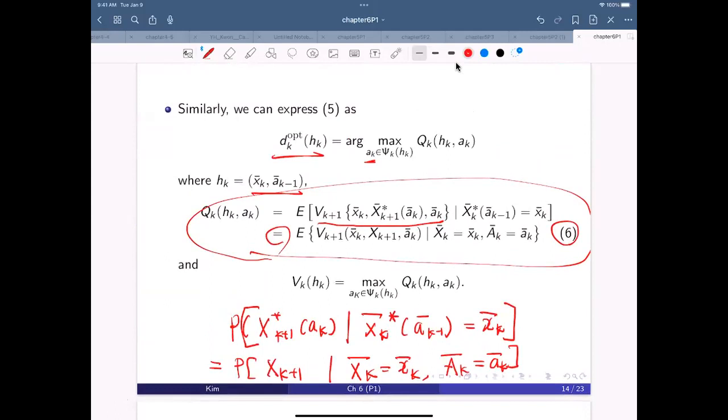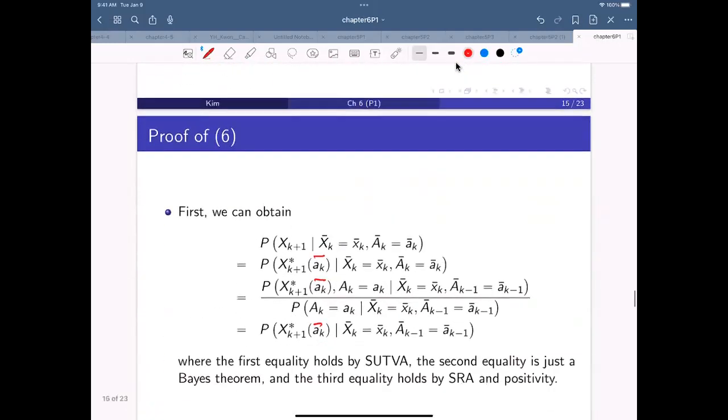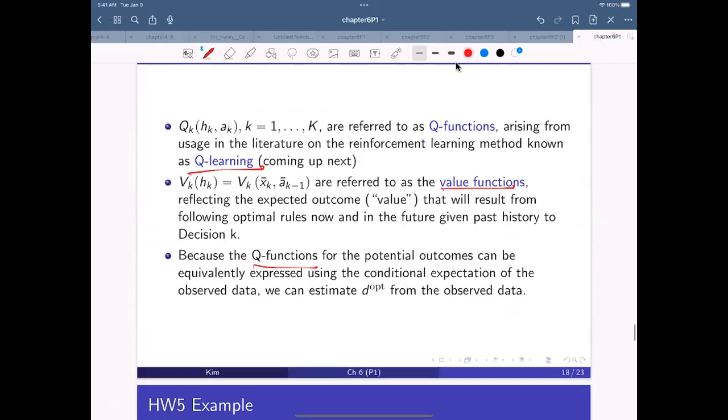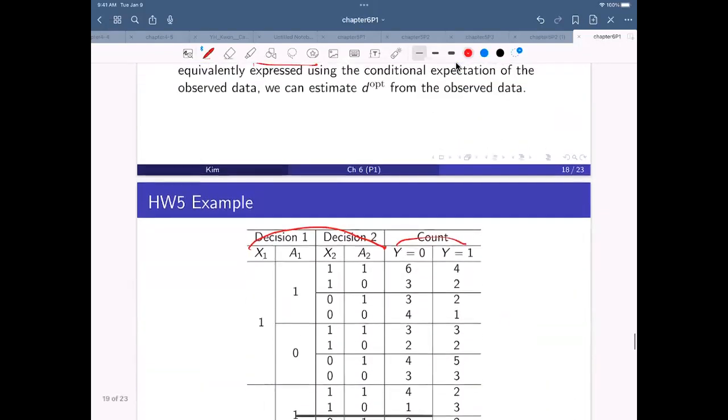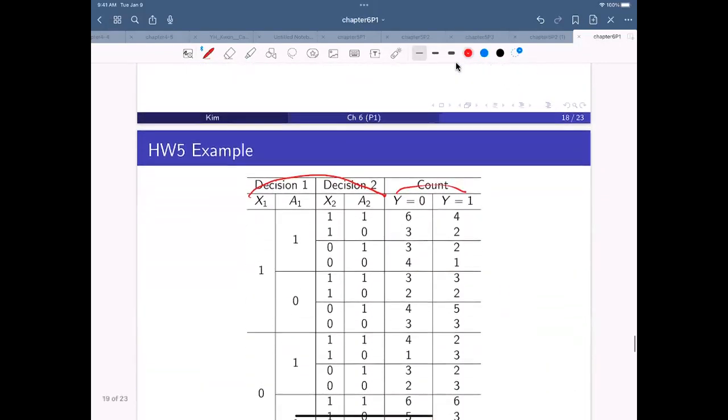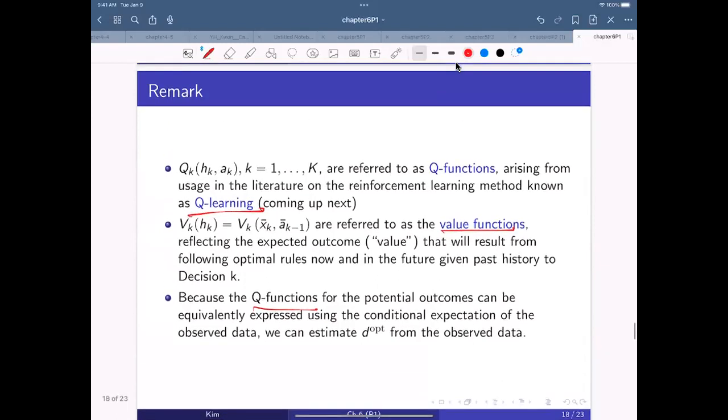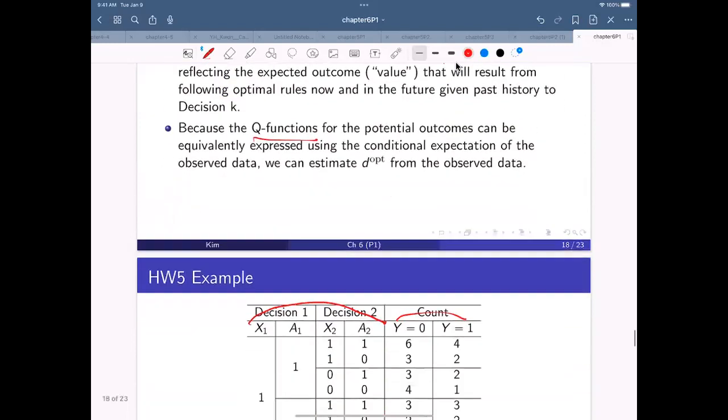You use your optimal decision, supposed to be based on the potential outcome model, but it turns out that you can estimate it from the observed data. So that is the idea here. Okay.